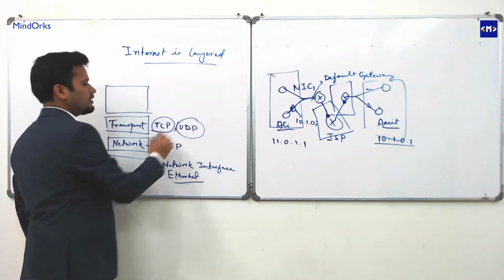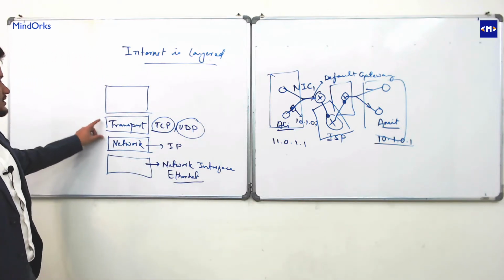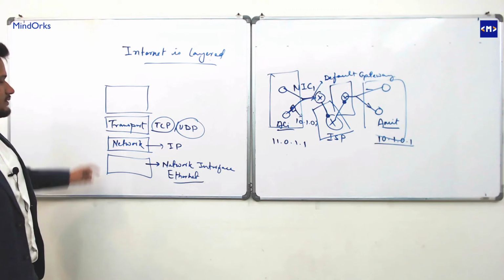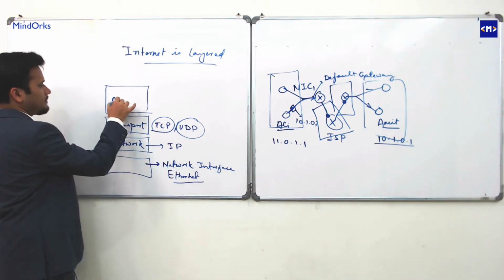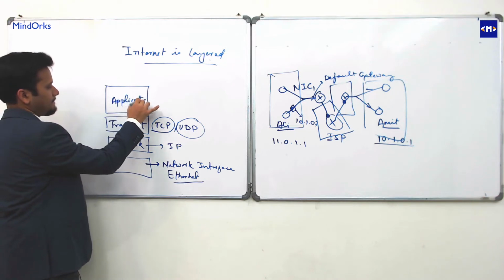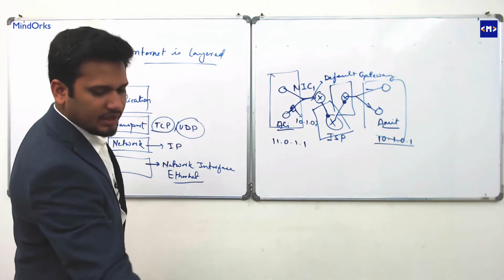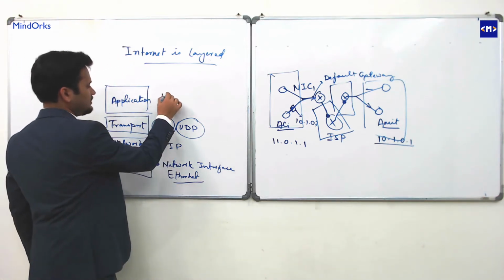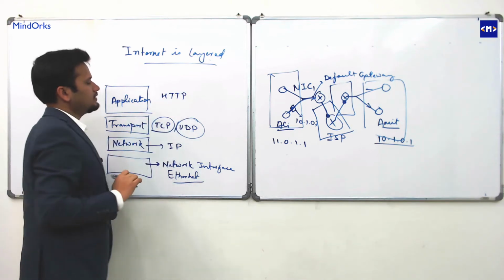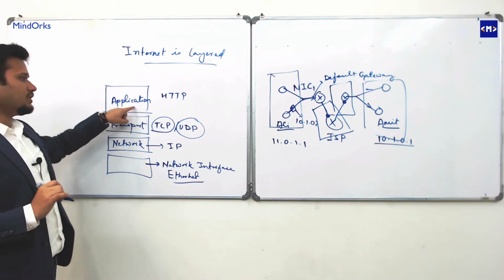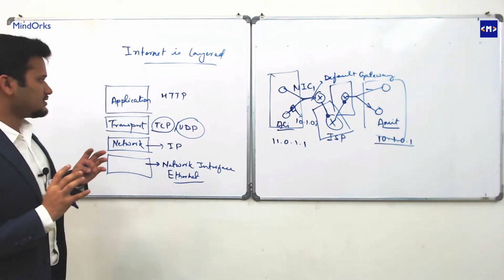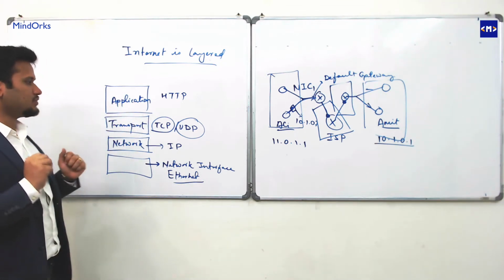They are protocols that define how messages will be handled in the network, and above that we have the application layer. Application layer protocols are like HTTP. They define how one application will be able to process the message and how it will be able to send.